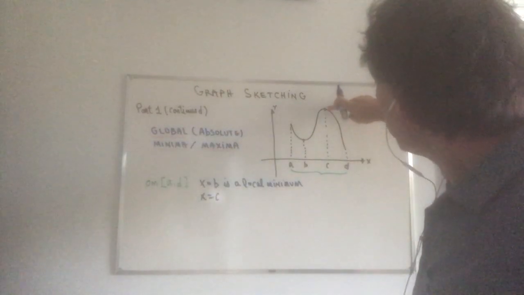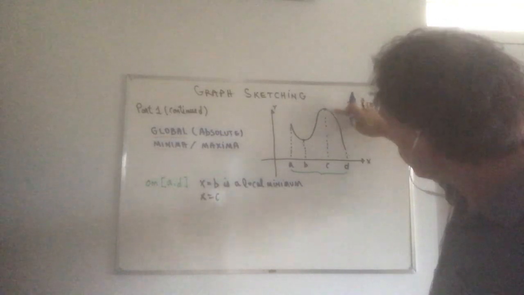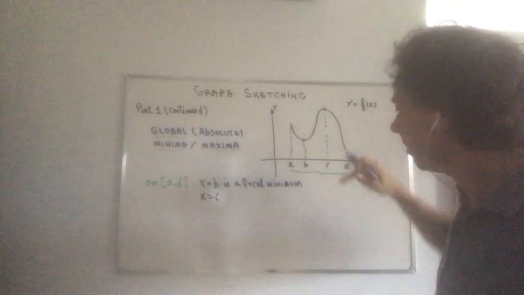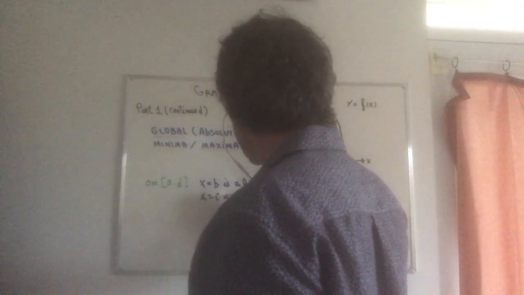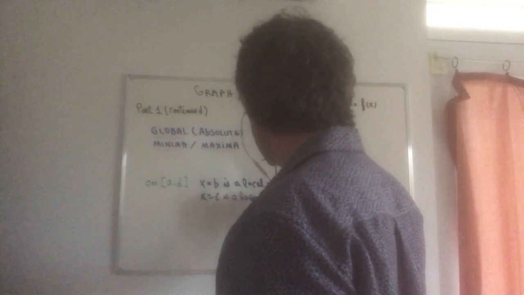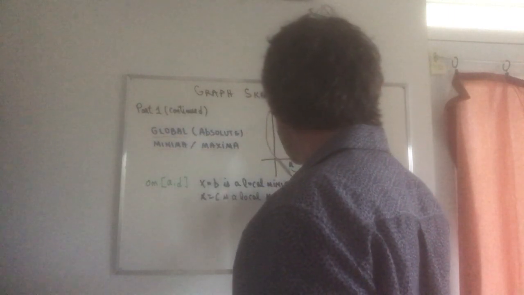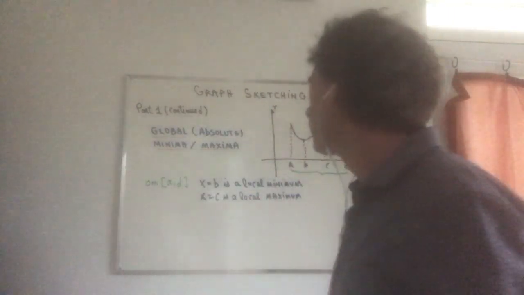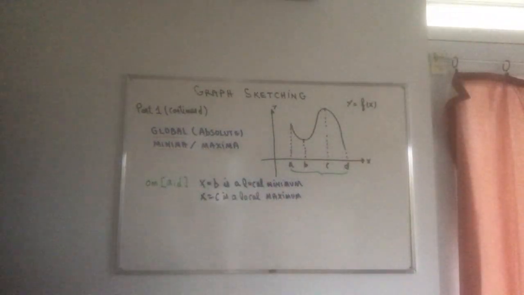If I look a bit to the left, it's lower, and if I look a little bit to the right, it's lower as well. What do we call that? A local maximum.